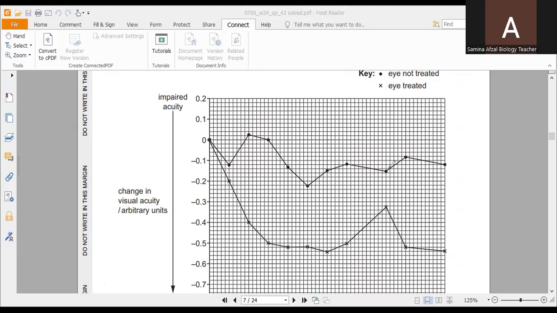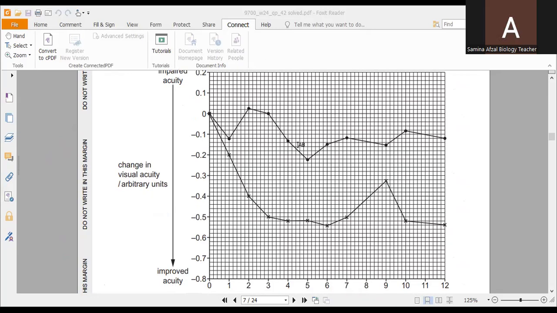And then visual acuity improves considerably, reaching a peak around months 3 and 4. Here you can see a little bit of improvement.